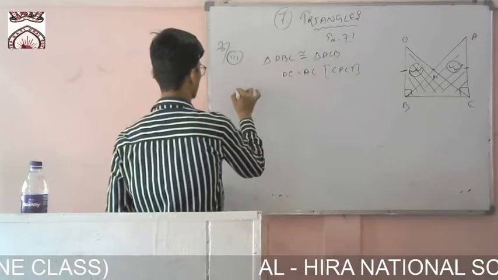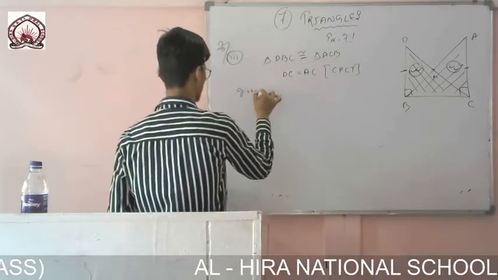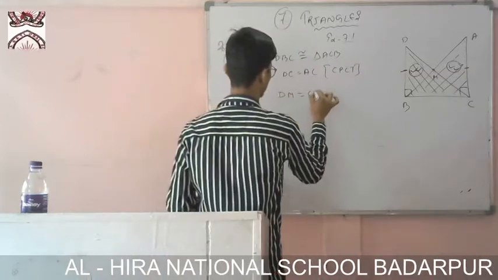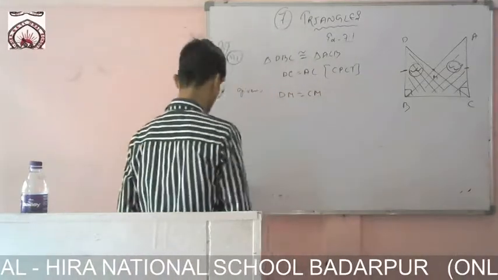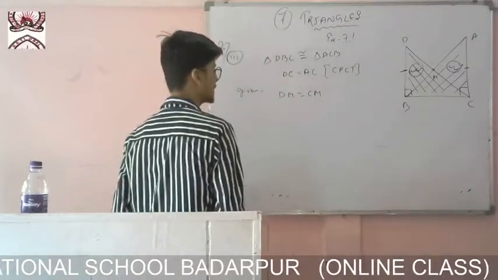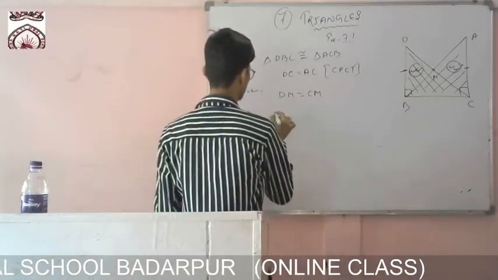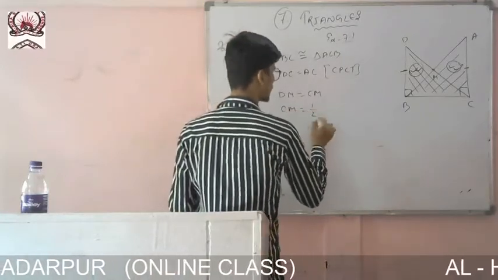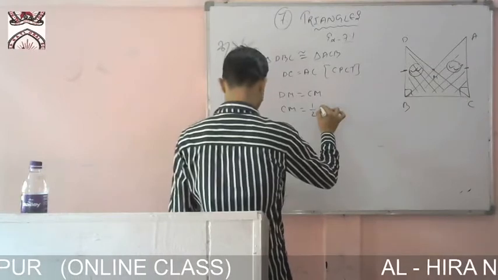But it is given in the question that DM is equal to CM. That means if both the sides are equal, I can write CM is equal to half of DC.